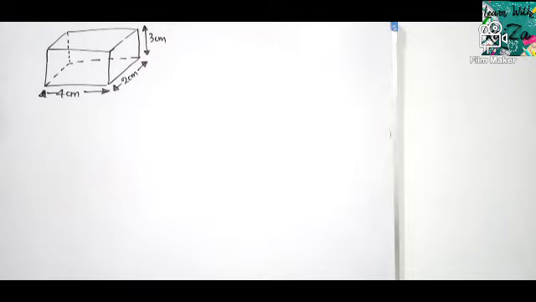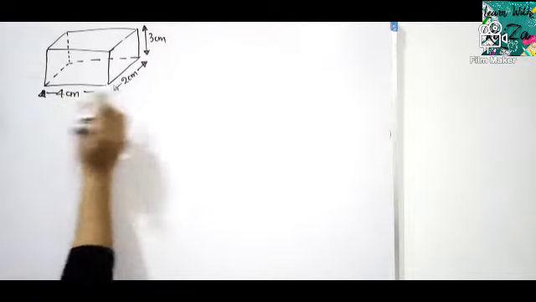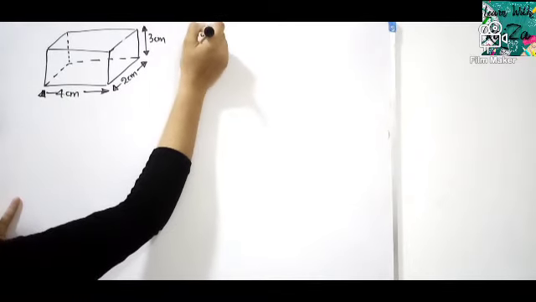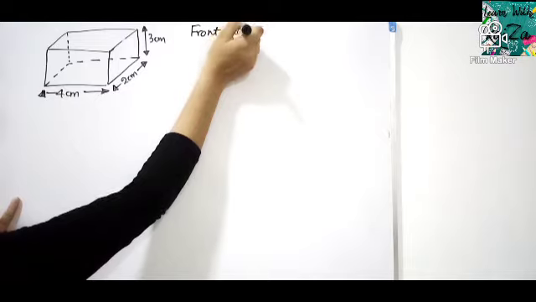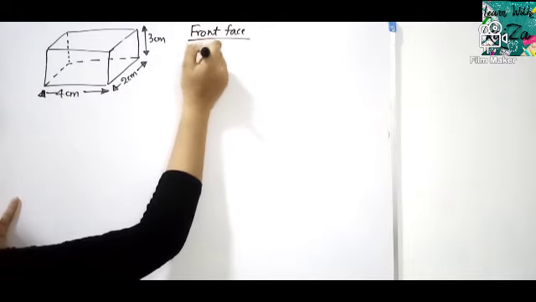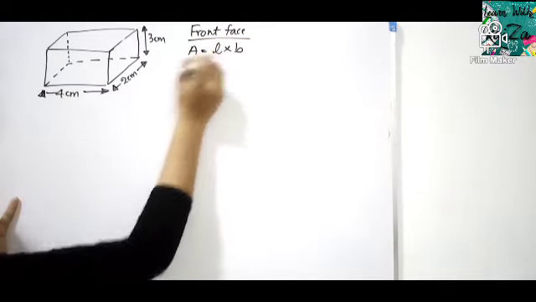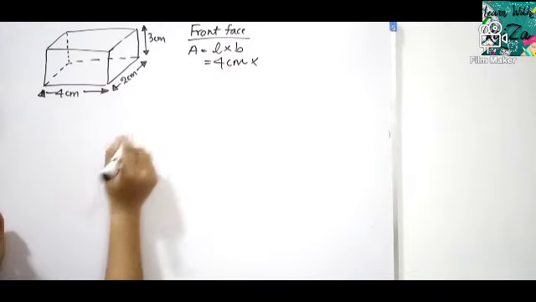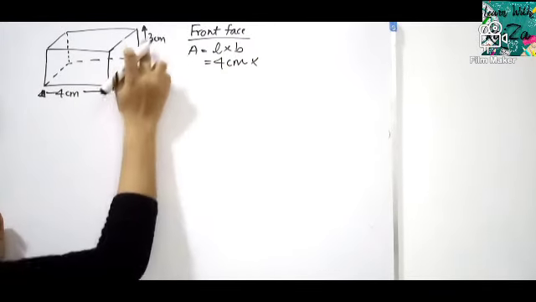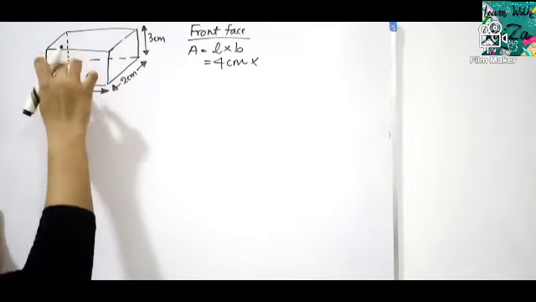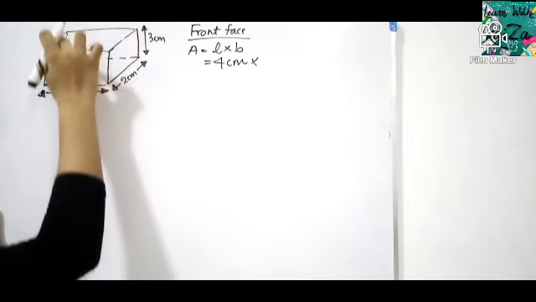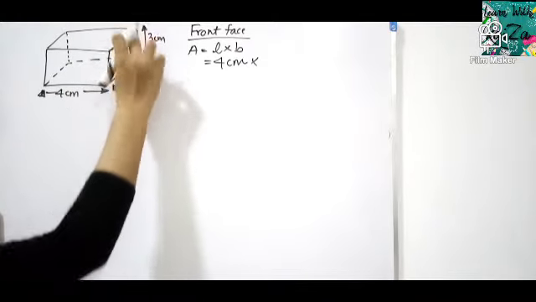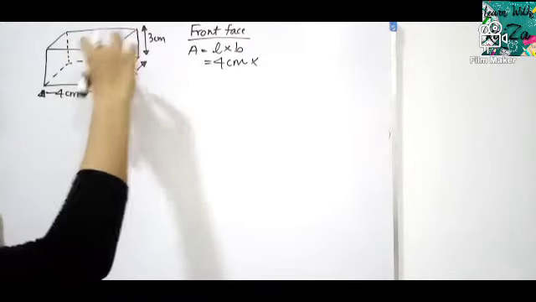Okay, considering the front face, it's a rectangle. Front face area equals length into breadth. What is the length of the front face? 4 centimeter. Then children, tell me, what is the breadth of the front face? Is it 2 or 3? The back face is equal to the front face. So 3 centimeter. This 3 centimeter is the breadth.